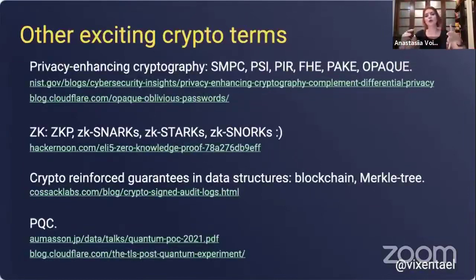If you put your audit logs into these data structures, you will notice if someone tries to change the content of a log, or if someone tries to delete the whole log message, because these data structures allow you to verify by computing hashes that everything is in place. And by the way, a Merkle tree is also used in CT, in certificate transparency. So not super new, not super modern.